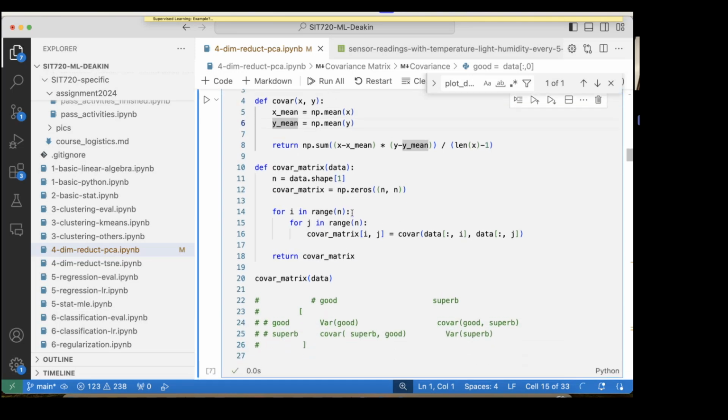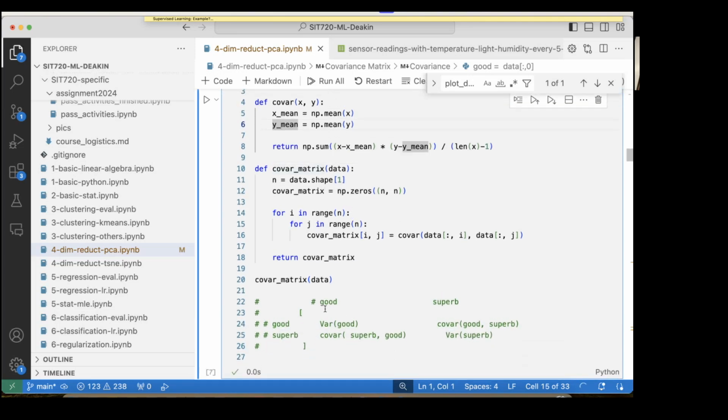Okay, so what's a covariance matrix? Actually, I already gave you the answer here. The covariance matrix has the same number of rows and columns as the number of features. So we have two features, so we have two rows, two columns.